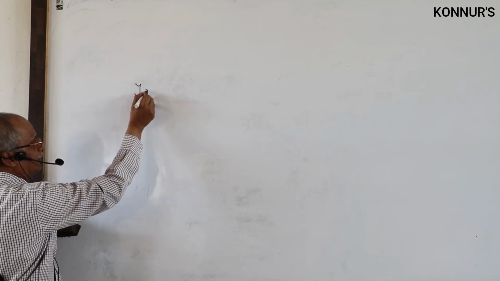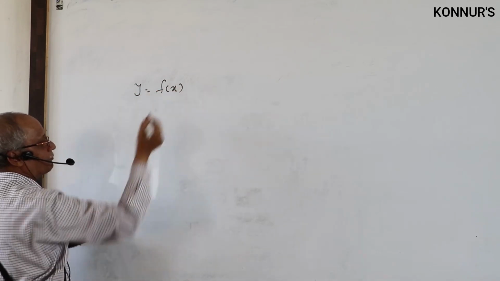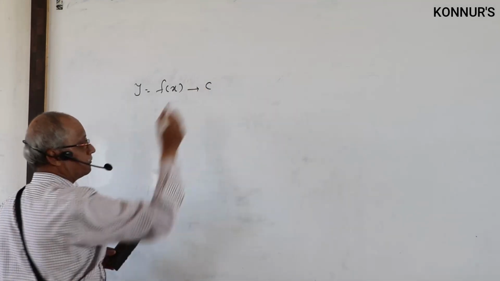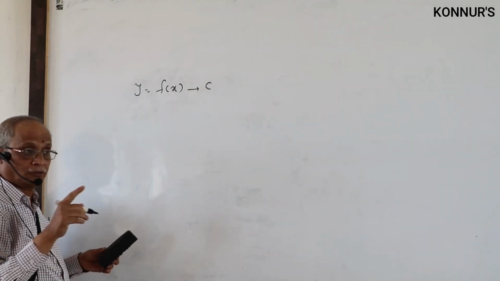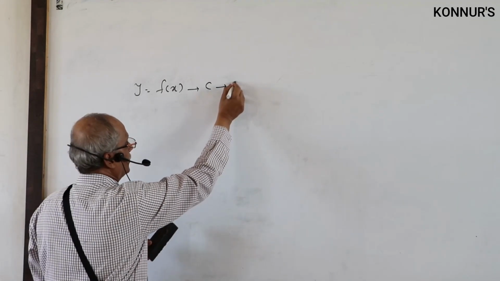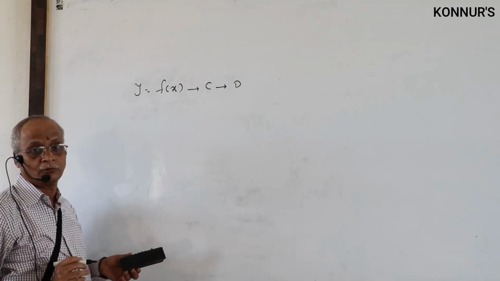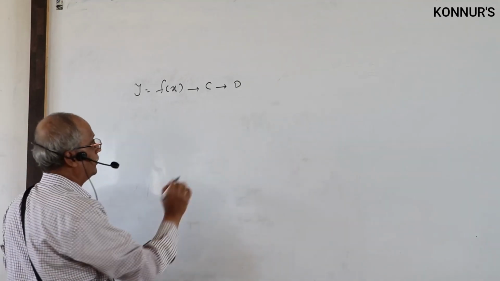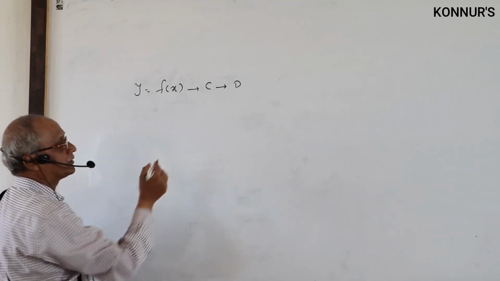Consider y equal to f of x, a continuous function. That is the only reason a function is eligible to have a derivative. Once the function has a derivative, now we will go to the reverse process.